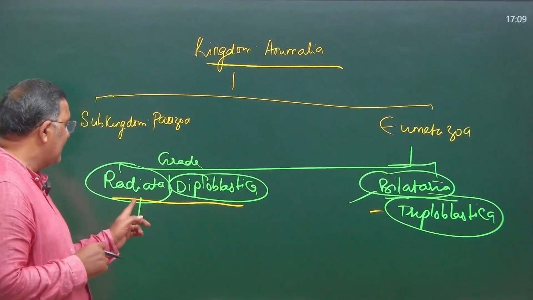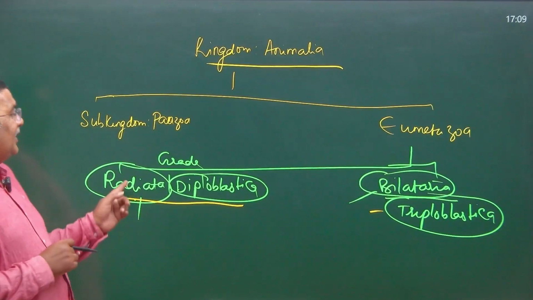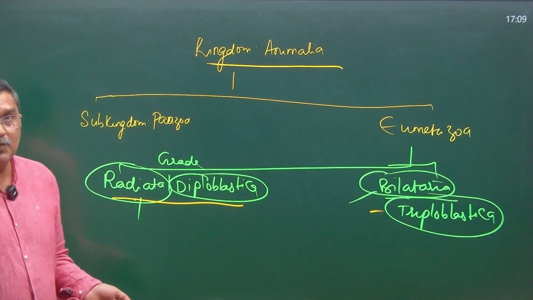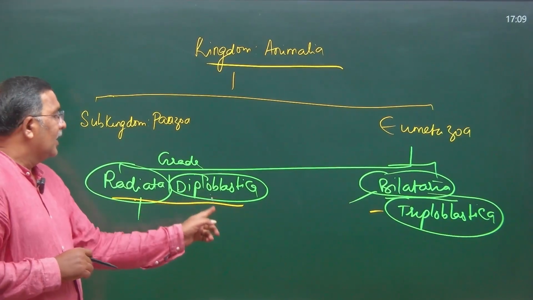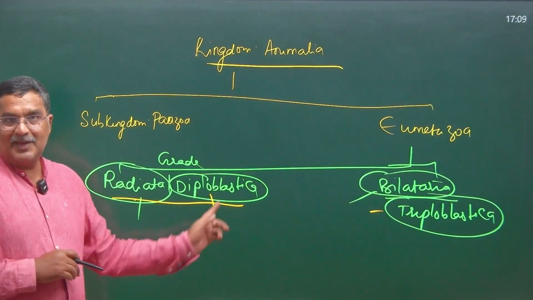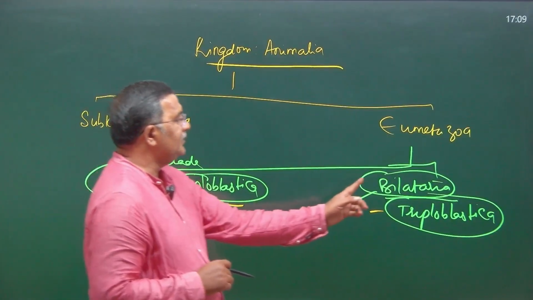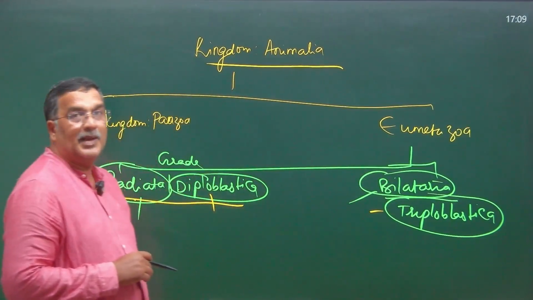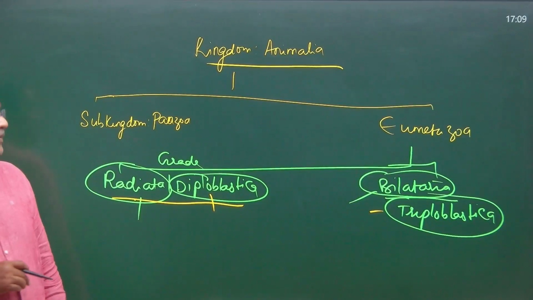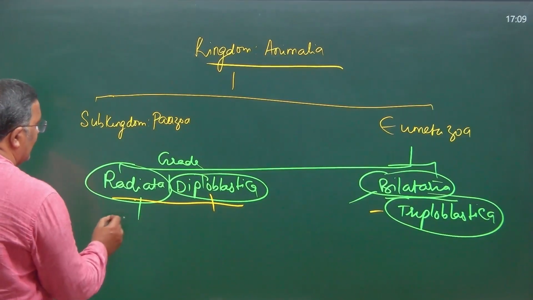What are the two grades? Grade Radiata, radial symmetry; now you know what radial symmetry is. Diploblastica, two germ layers, we completed in the previous class. Bilateria, bilateral symmetry; Triploblastica, three germ layers.